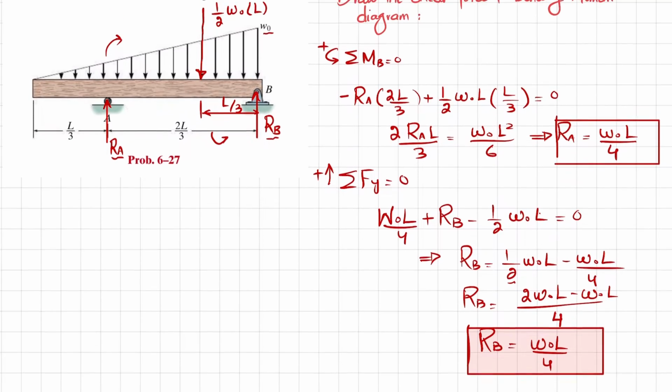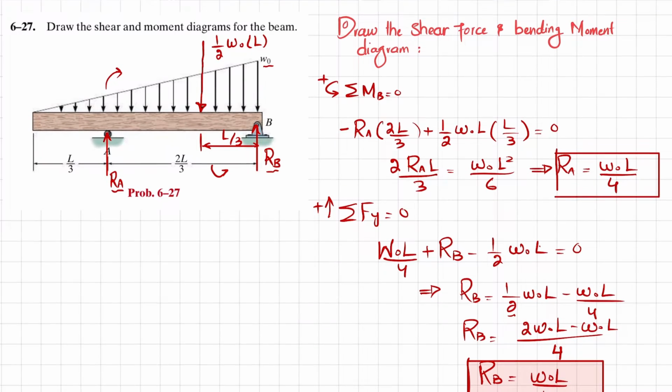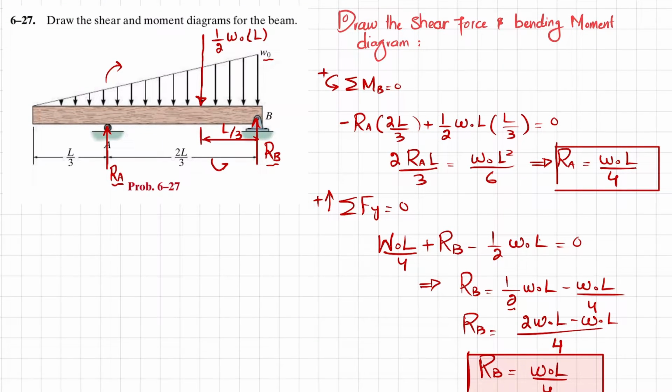Now that we have the reaction forces, we will cut the beam for this section and write the shear force equation. Let this distance be x. So what if I draw the shear free body diagram? This is the beam where we have a uniformly increasing load. Now what will be the magnitude over here?